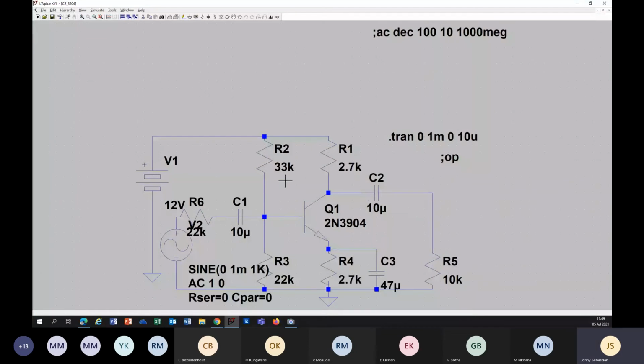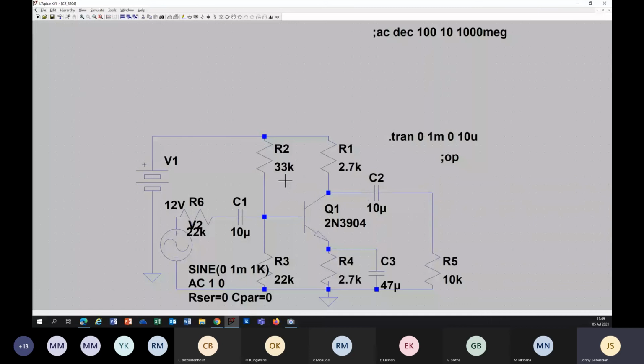Find VBB, voltage at the emitter, VCE, current through collector emitter, and the beta of this one you can assume is 200. Once you do this calculation, then you can build up a circuit like this in LT Spice, and you can do the DC operating point simulation.